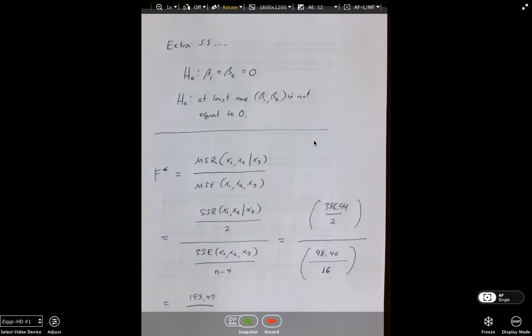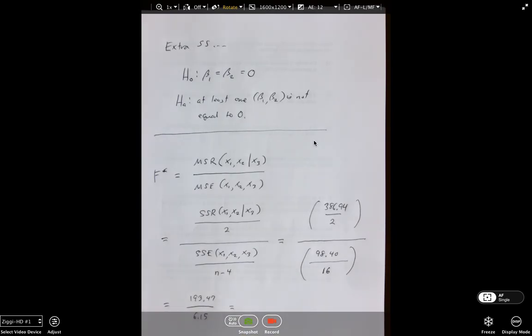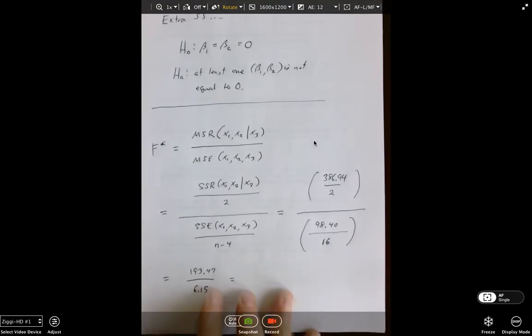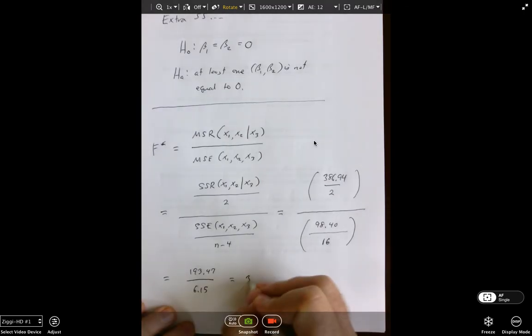And then I want to take 98.40 divided by 16, and I get 6.15. Now that's a pretty big value. Divided by 6.15, and I get 31.46. Does that seem reasonable?